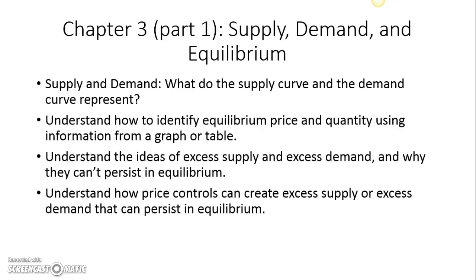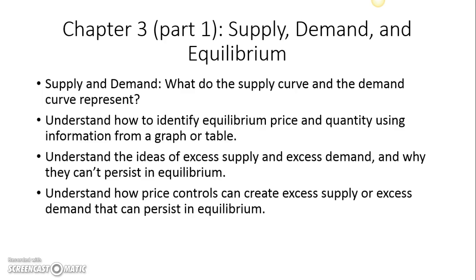Market forces create the equilibrium, and nobody is commanding it or setting their own price. The market just does what it does, and equilibrium results. Remember, equilibrium means something that's stable or unchanging, and that's what an equilibrium price and quantity is. They're the stable price and quantity that the market has determined.